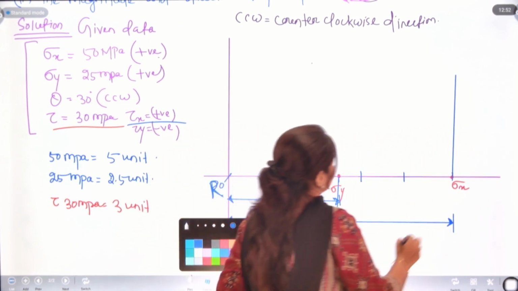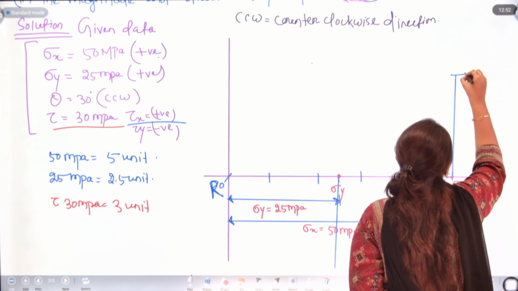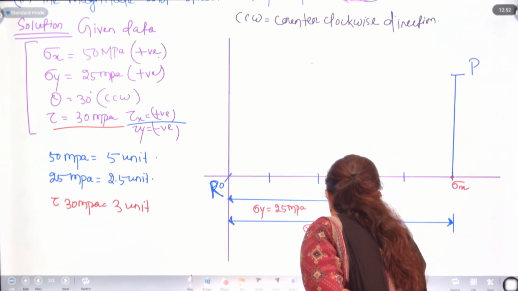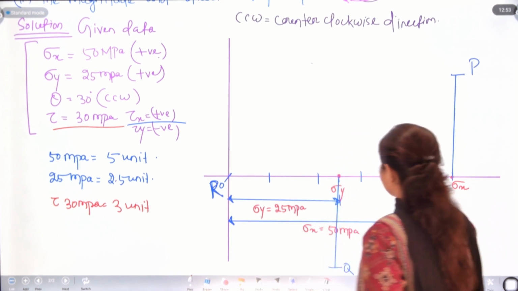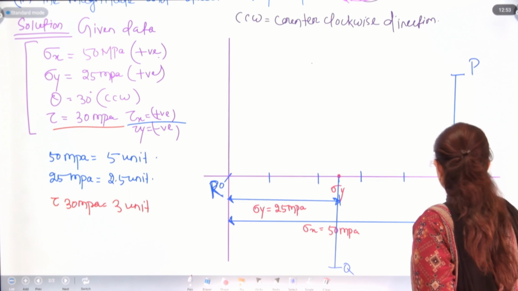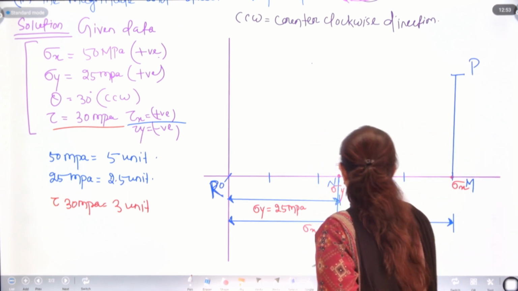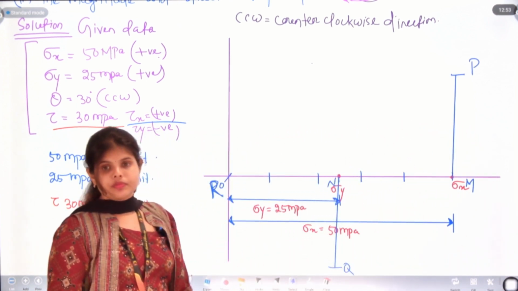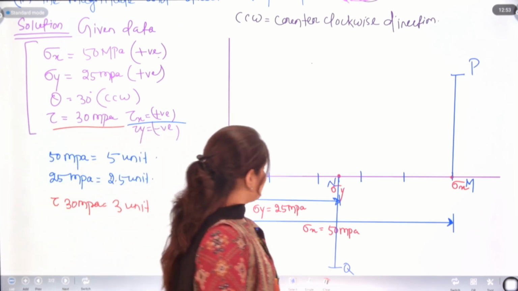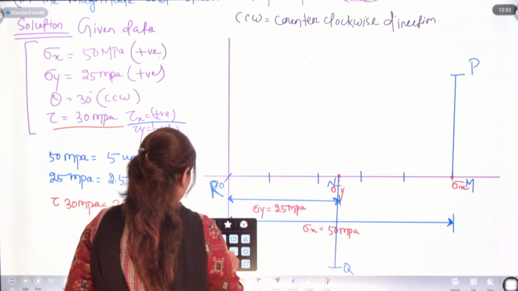Let's take it as point P and take this point as Q. And this point as M and here N. Now to find out the center of the Mohr circle, how to find it?